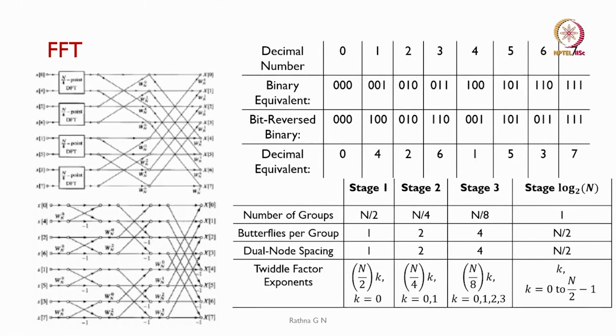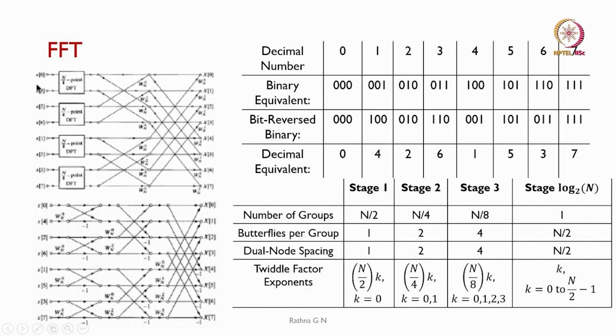Then we went on to decimation in time and decimation in frequency to develop our butterfly structure to get our FFT as shown, and how our computation in hardware can be done for the bit reversal.